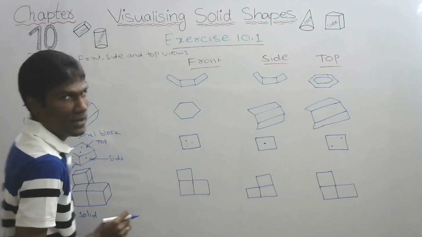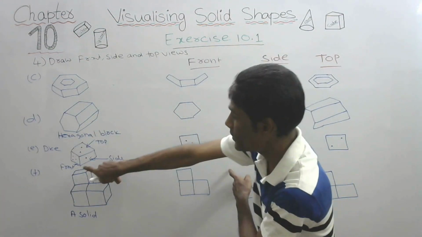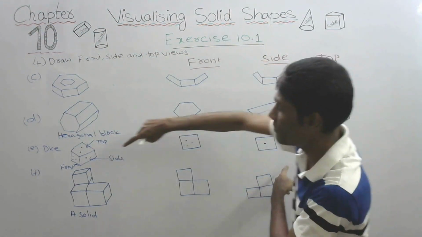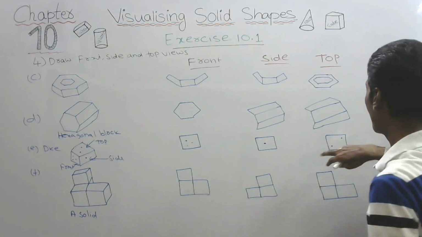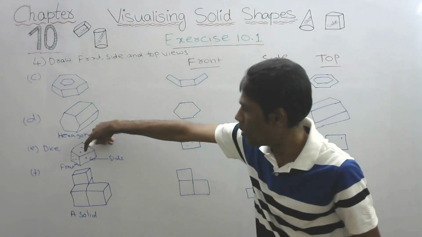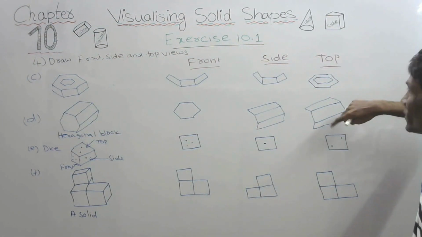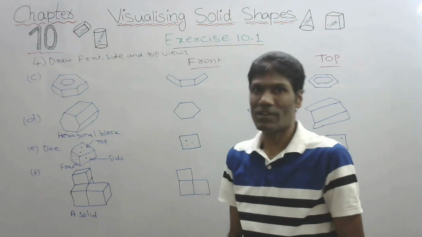In the question it is given. So front part, these three we are able to see, three dots, front part. Whereas the side one, this is only one dot, so it will be one dot. And top view, how many dots are there? Two dots are there. So two dots. This is top view.